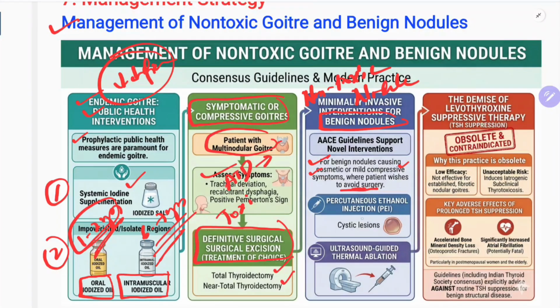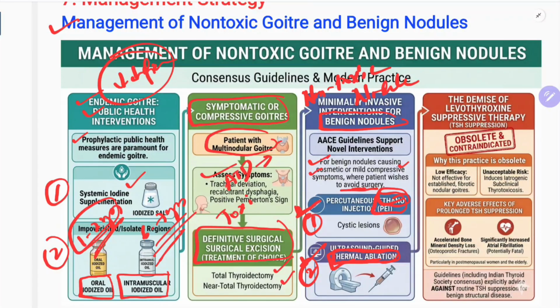You can do surgery, but the treatment of choice is percutaneous ethanol injection for cystic lesions. Or the second choice is ultrasound-guided thermal ablation. So you are destroying the nodule by injecting ethanol, or by heating the nodule with thermal ablation. These are the two methods.